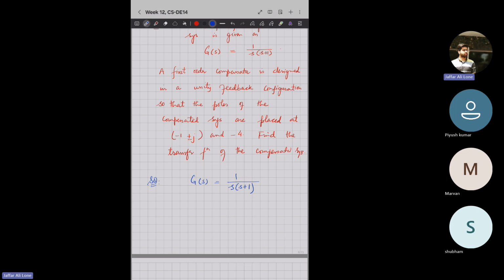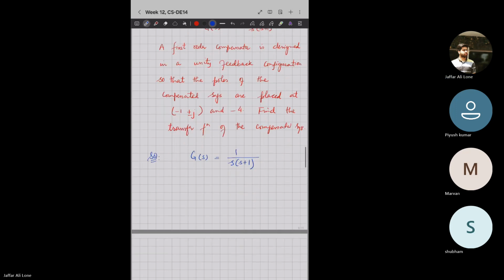So we will make a compensator right now so that the poles of the compensated system are placed as required. This is G of S, and a compensator is always connected in the forward path, so I'll connect it here, G C of S. Initially, when there was only G of S, the transfer function was this. But now, when we have a compensated transfer function, and that too in unity feedback, what happens? This is my output C of S.